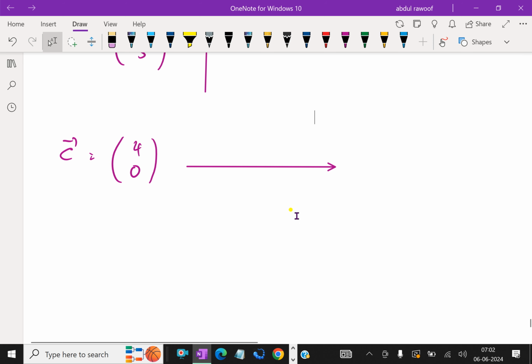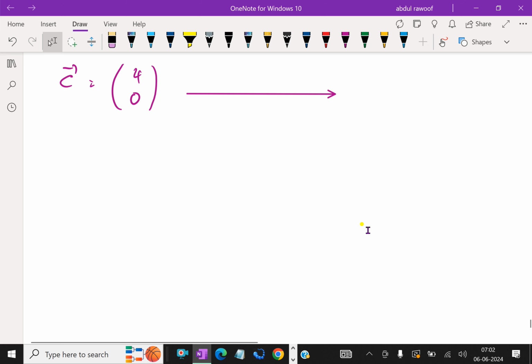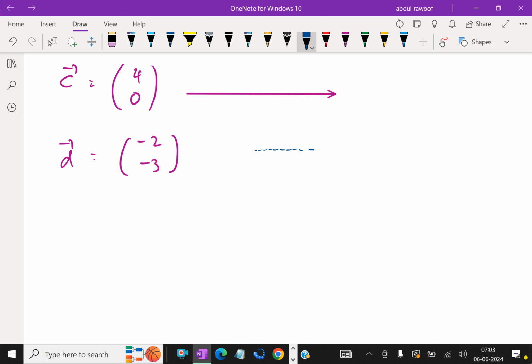One more vector, vector D, is (-2, -3). What does it mean? Here the x component is -2 and the y component is -3.